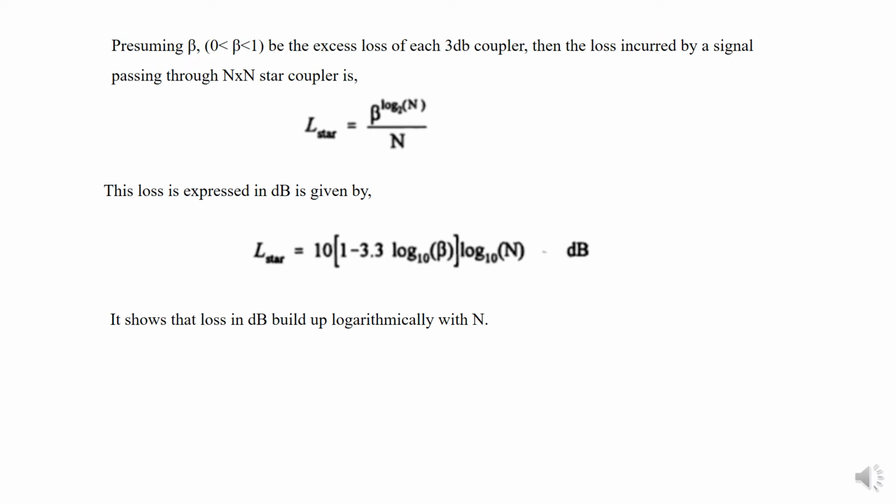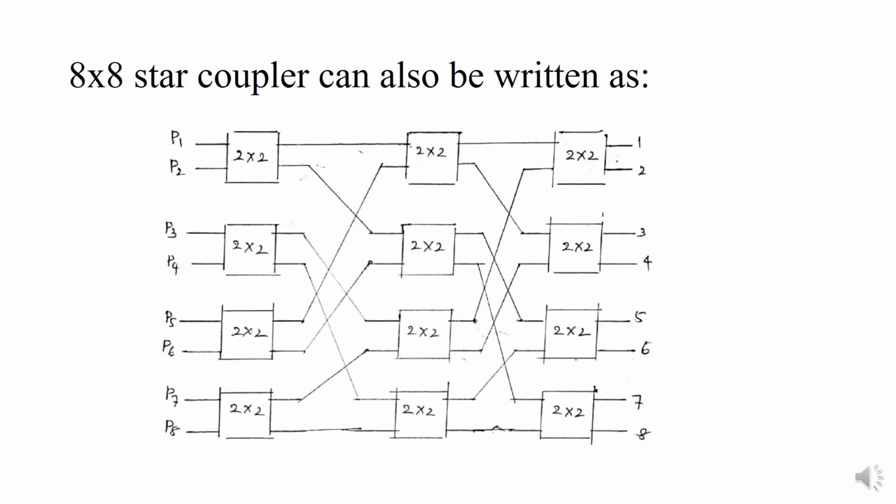When I say 3 dB, it means that half of the power input should be coupled to each of the output ports. So the 3 dB couplers used here are based on the concept of equal power division. The 8x8 star coupler can also be drawn as shown in this figure. Instead of 3 dB, I can also place 2x2.